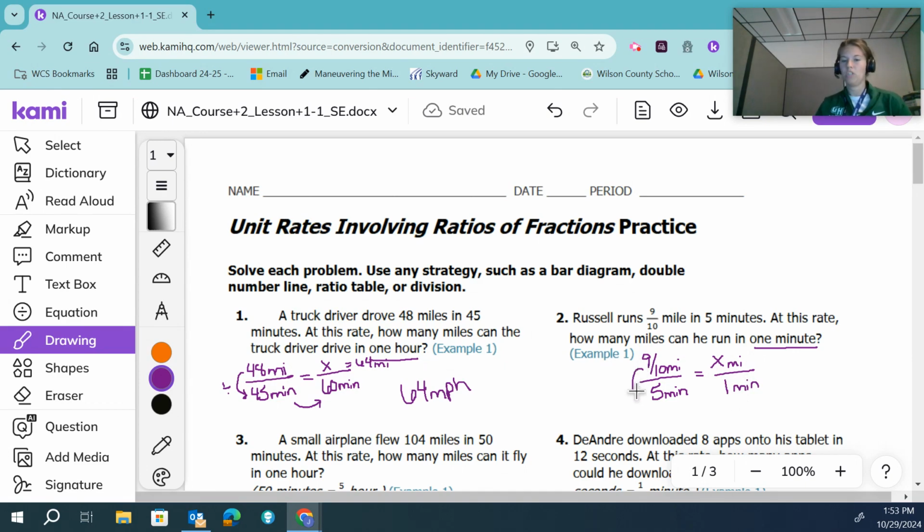For this one, we just divide, and multiplying by 1 will keep the same answer. So we take 9/10 divided by 5, and that gives your unit rate of 9/50 miles in 1 minute.